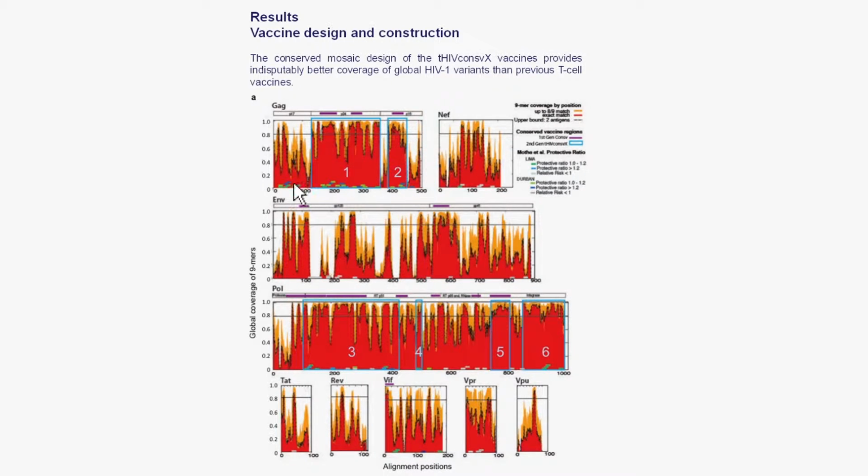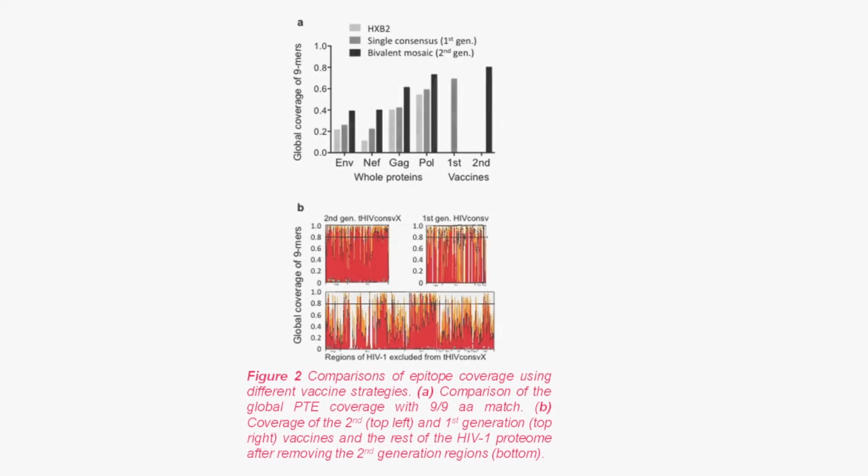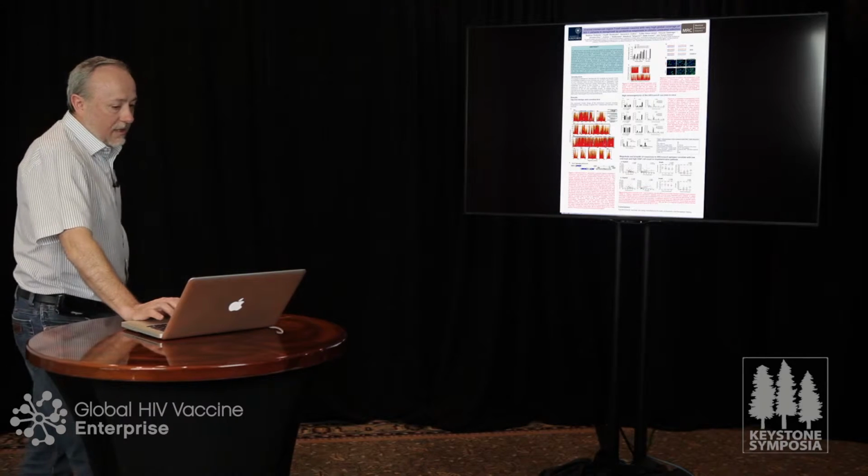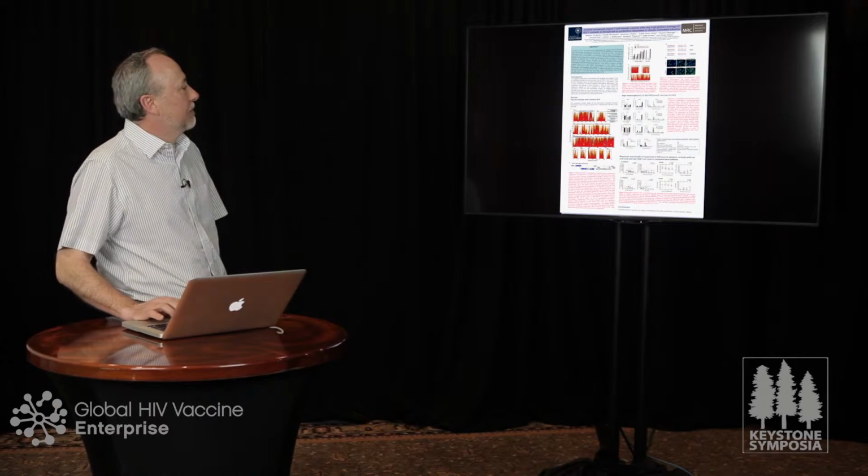So we have selected 6 most conserved regions, 2 in GAG and 4 in POL. Now, if you look at this figure, this is the global coverage. Again, the more red it is, the better, for the second generation. This compares to the first generation. We can see it's less red, and this is what's left in the proteome behind. So we are really selecting the most conserved regions.